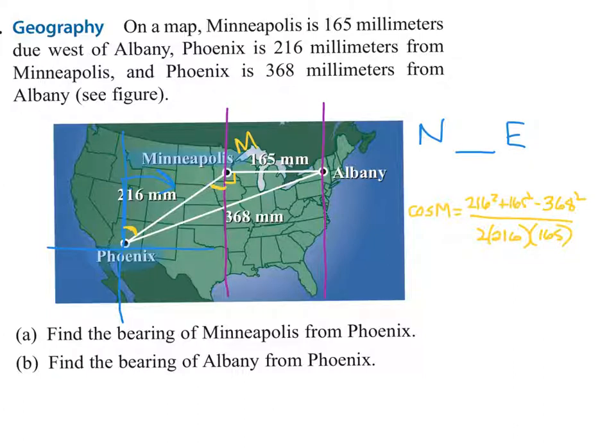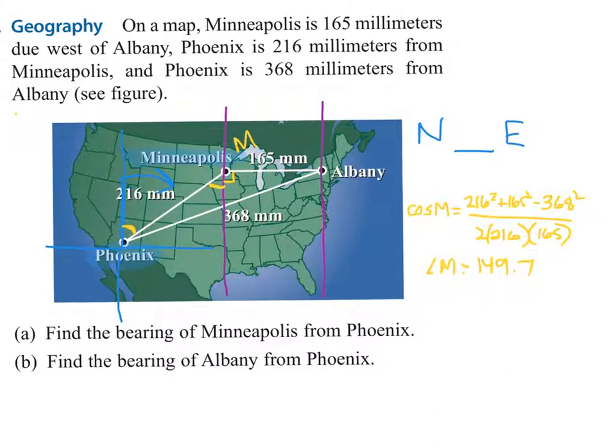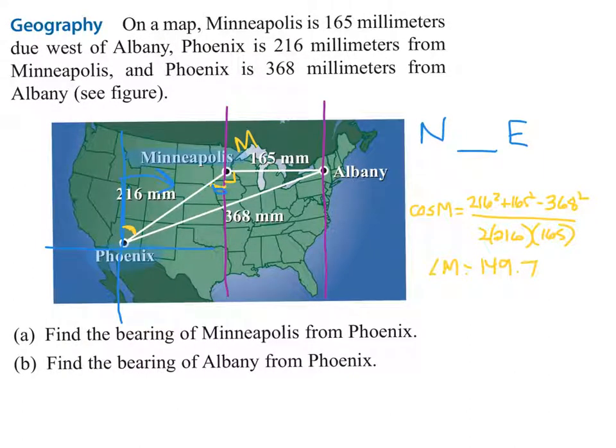And I got that big angle at the top, that angle M is 149.7. And then we said that's the whole angle there, so I want to subtract off of it the 90, and I get that little sliver inside here, which is the bearing that would match this one, 59.7 degrees.